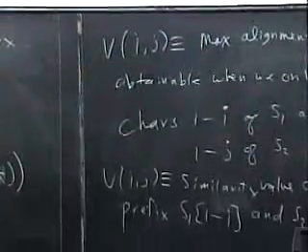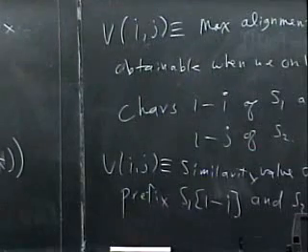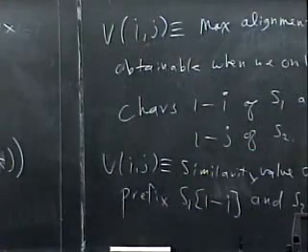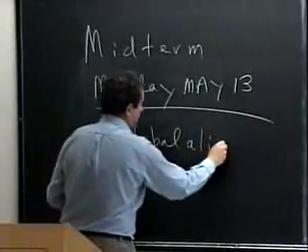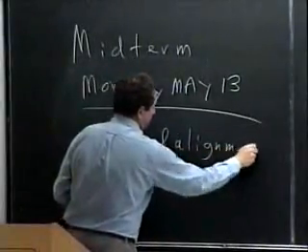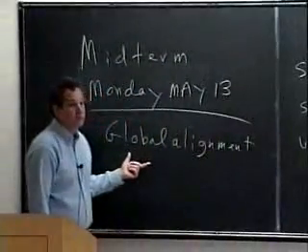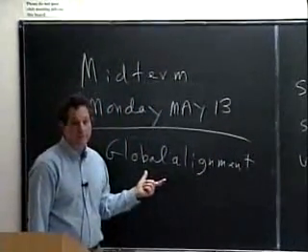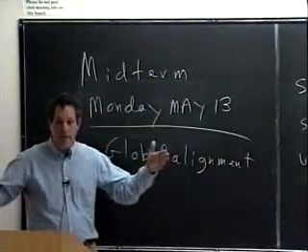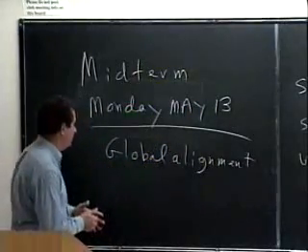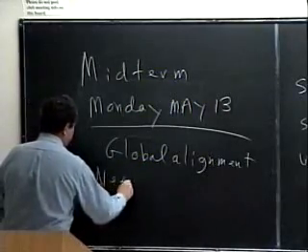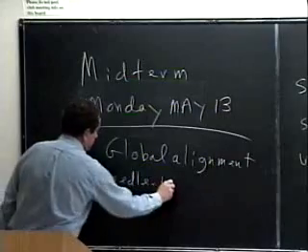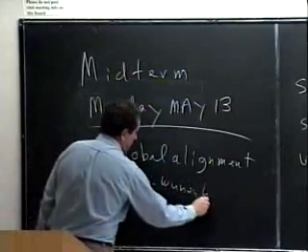I guess the only thing I want to say about this is that this is called global alignment because we use all the characters of both sequences. So we're aligning the entire intervals of both sequences. And this is also sometimes referred to as Needleman-Wunsch alignment.